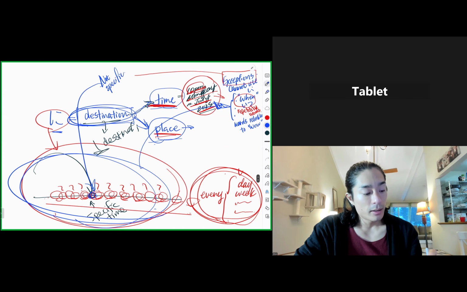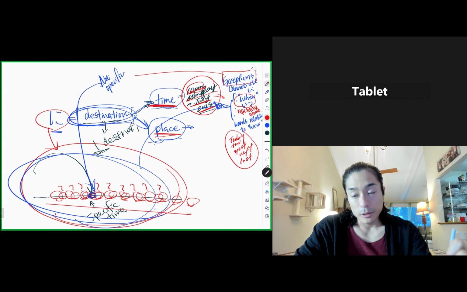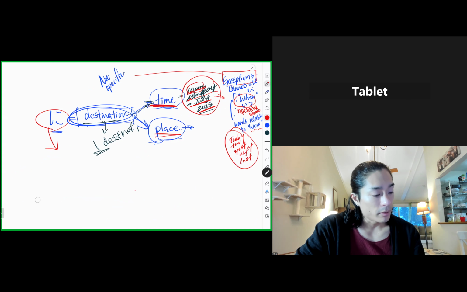I guess I can just share the example words first, like today, tomorrow, yesterday, next week, last month. All of these words are relative to now. What I mean is, let's actually just start over.